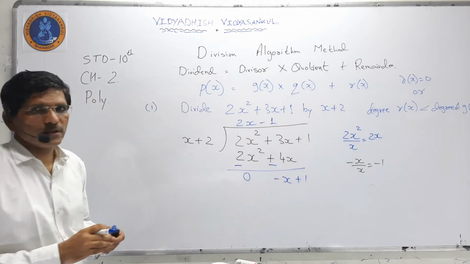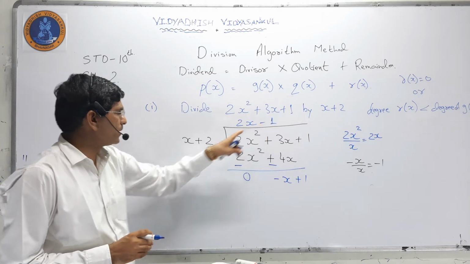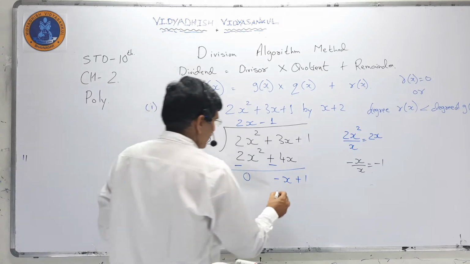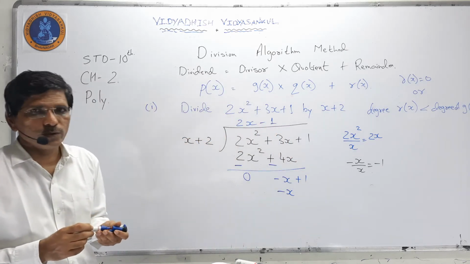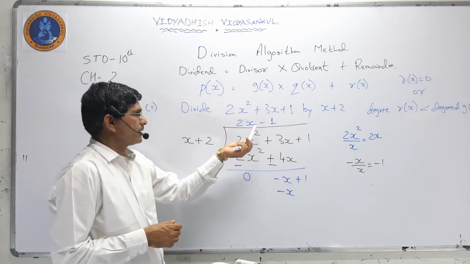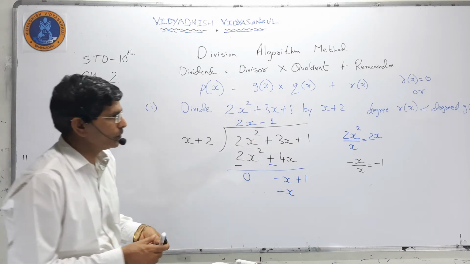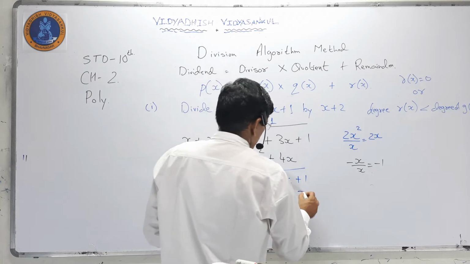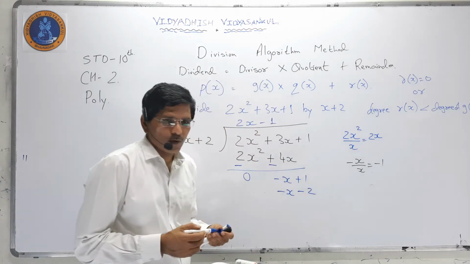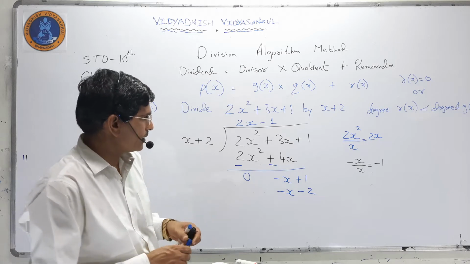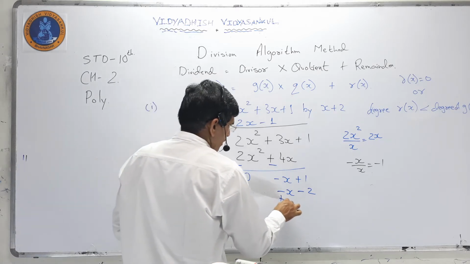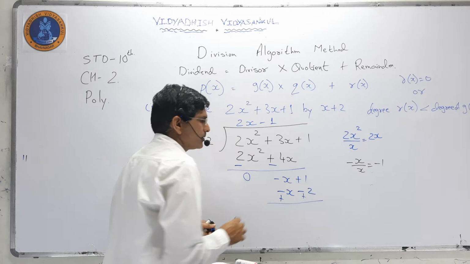Again I have to open the bracket: minus 1 into x, that is minus x, minus 1 into 2, that is minus 2. Now what is the step? I have to change the sign, that is plus plus.